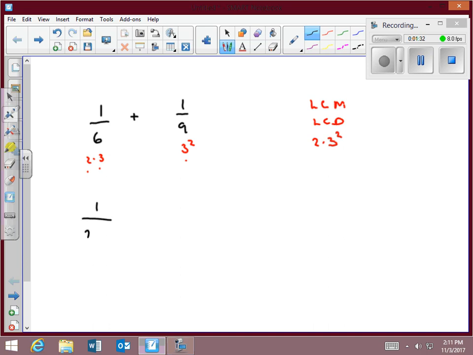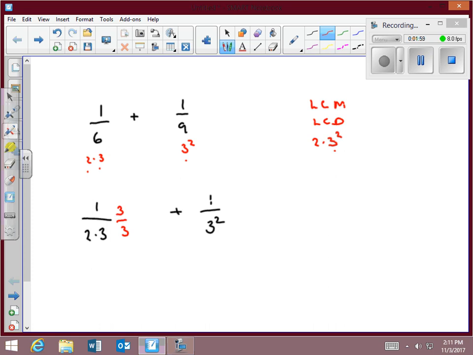You have this one that looks like this, and this one that looks like this, right? And you look at that first one and compare it here, and you say, what I don't have is another 3. So you multiply the denominator by 3, and in order not to change the fraction, you go 3 over 3, because 3 over 3 is 1.